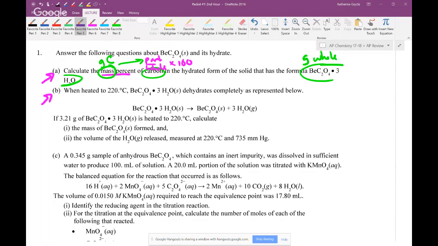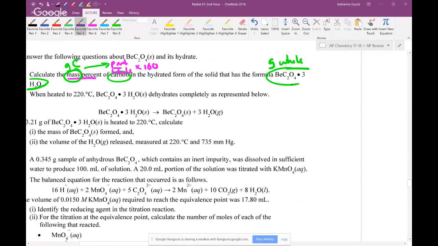So the part that's carbon should be 2 carbons, so 24.02. And then the whole, you've got to add all of these together, but you got to make sure that you know that that's not multiply. That's just attached to. We're just going to add on 3 waters to whatever this is. So the whole thing should be Be, which is, is it 9.8? 151.